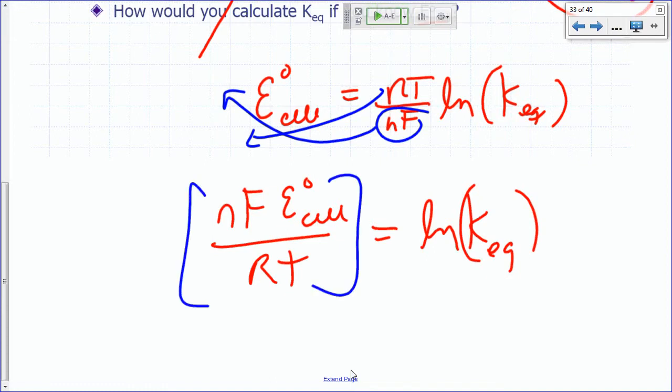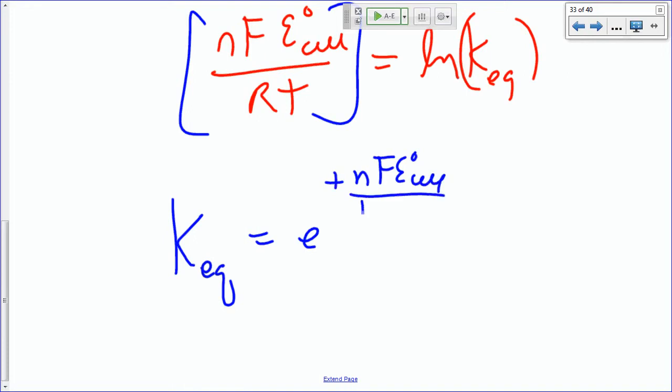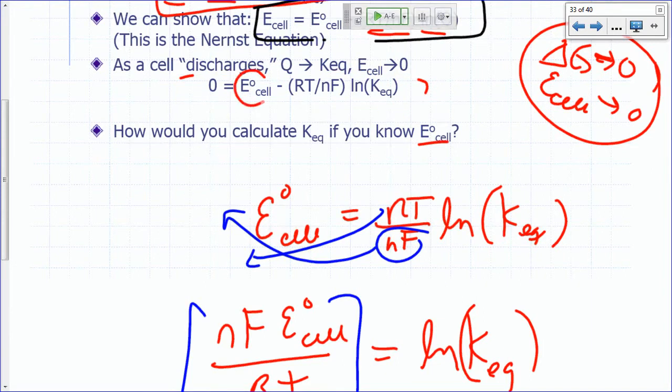So KEQ would be E to the positive NF E naught cell over RT. Was there a negative? When I move this one over to the other side, it becomes positive.